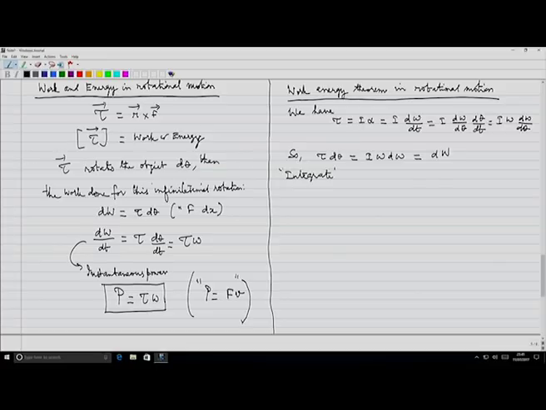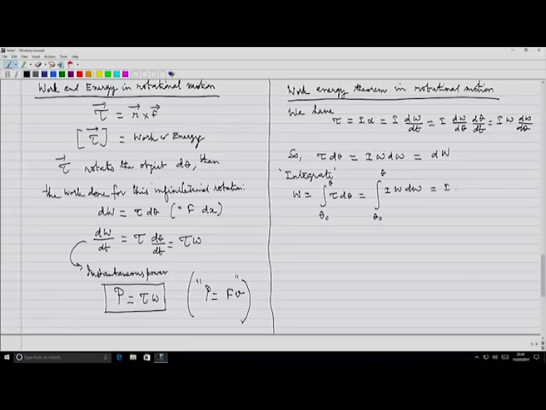The integral of tau d theta from theta naught to theta is equal to the integral from omega naught to omega of I omega d omega.